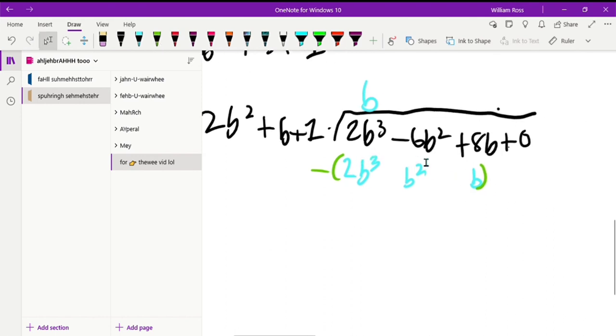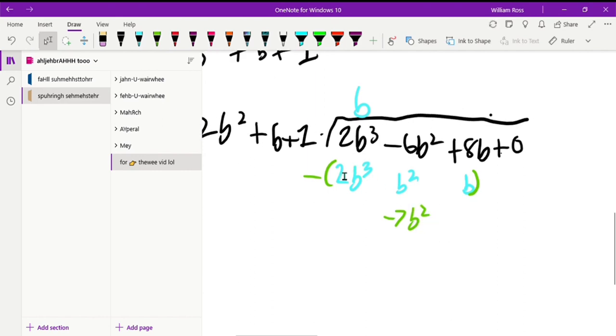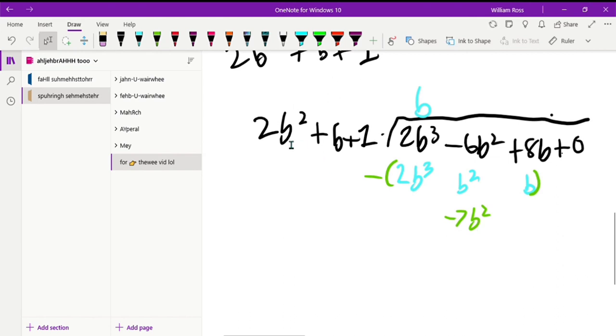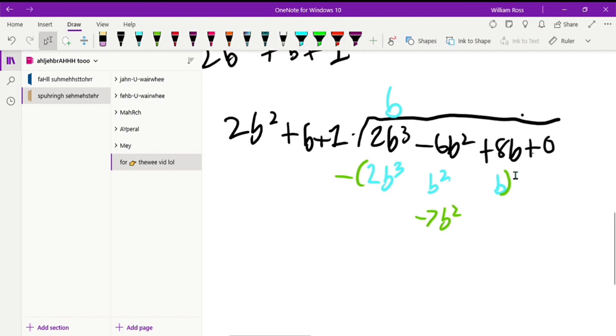These two will cancel out. Negative 6b squared minus b squared will be negative 7b squared. And then 8b minus b will be 7b.